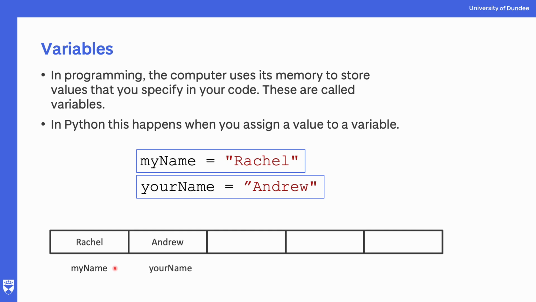And I can have lots of different variables. I've got my next variable set up, which is your name, and inside I've put a different string. This one is Andrew. Any time in my program that I want to get that information back, I can use my name or your name, because that's the identifier. That's the thing that I've called my variable, and the value is contained within it.